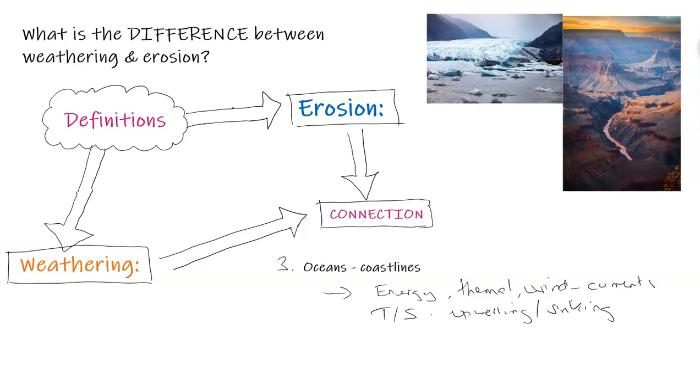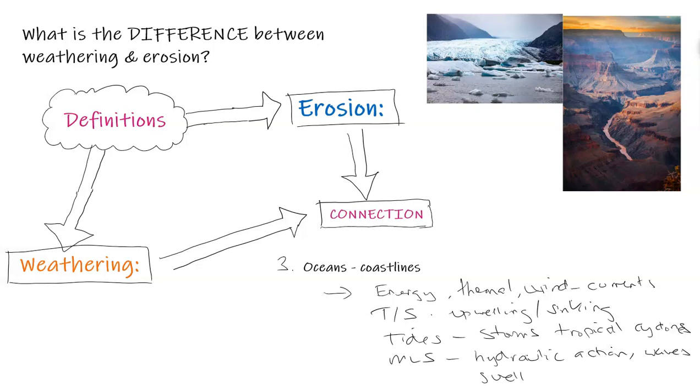You also have currents and tides, which add into the winds and stuff. You also have storms, tropical cyclones, mid-latitude cyclones off the coast. So all these things can run up the oceans, and when it meets the coastlines, it can cause huge amounts of weathering based on hydraulic action, based on waves, based on the swell, which is again based on distance and consistency of wind.